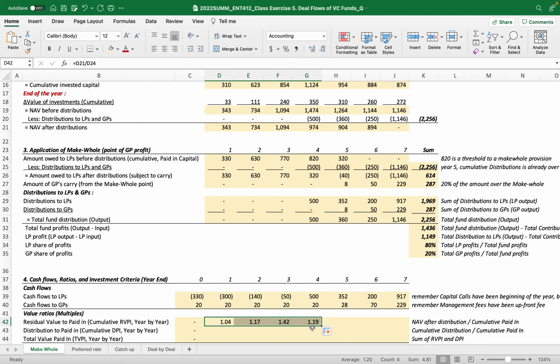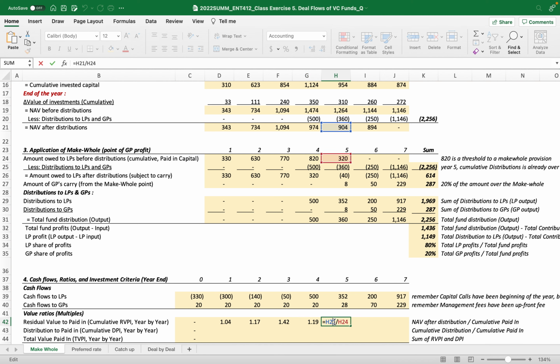One more time, it increases, and then all of a sudden decreases once distribution takes place. Then here we need to adjust this number. Why? What is the total paid-in? Paid-in is not 320. From then on, it must still be right.